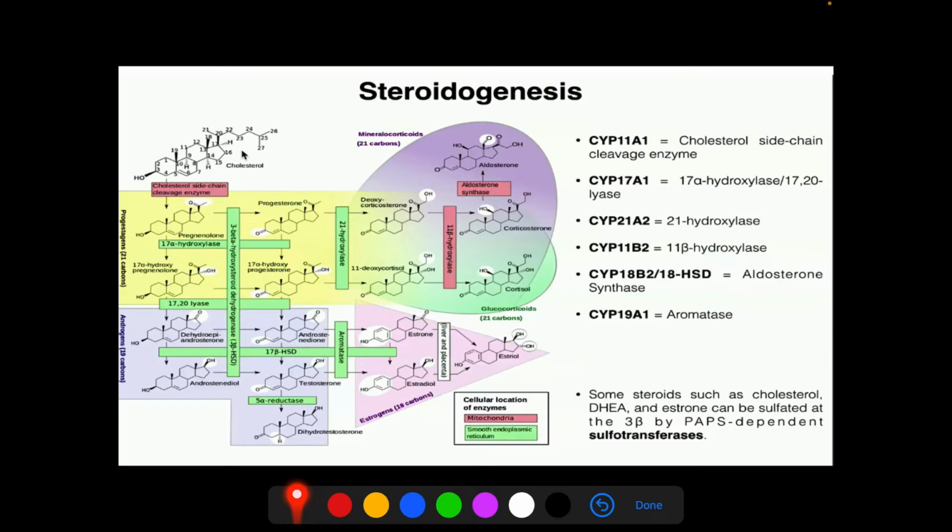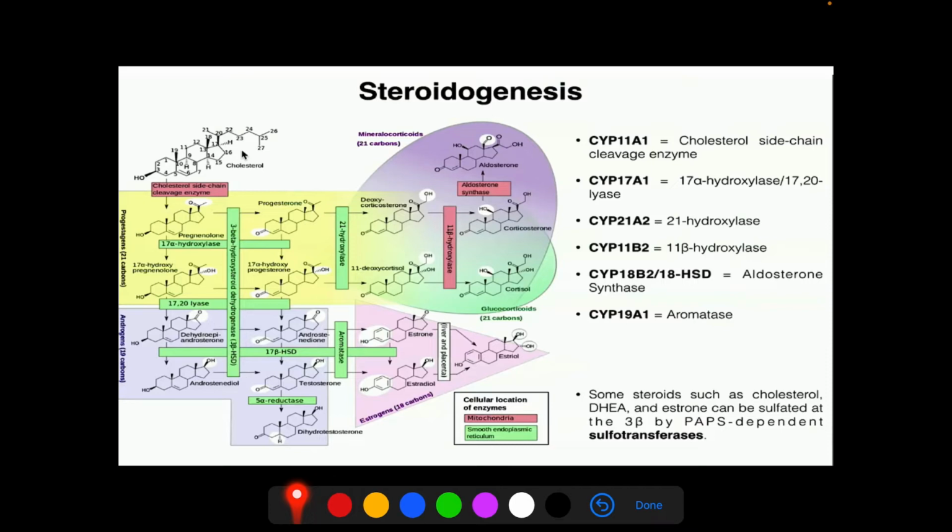And in this illustration, it's color-coded for us maybe to easily remember the different steroid hormones. The ones shaded yellow here are progestogens. The blue ones are masculinizing hormones, so they are androgens. The pink ones are estrogens, so they are feminizing hormones. The green ones are glucocorticoids or corticosteroids. And of course, the purple ones here are mineralocorticoids, particularly aldosterone.